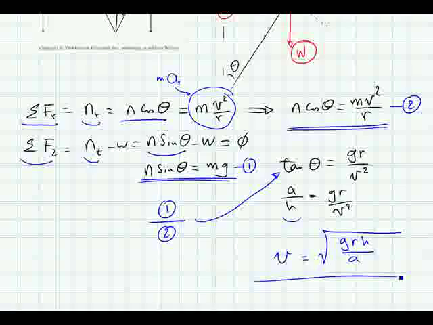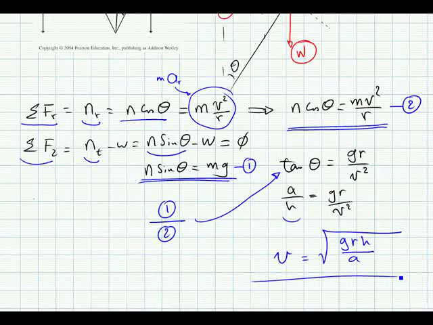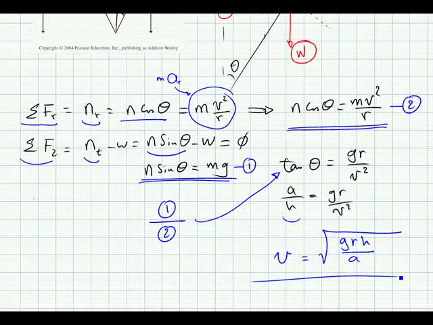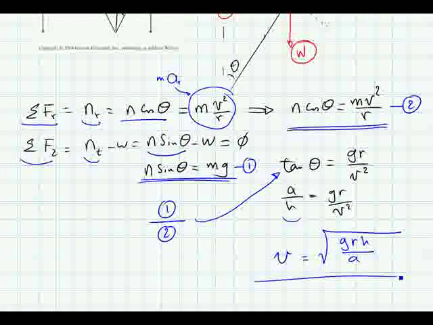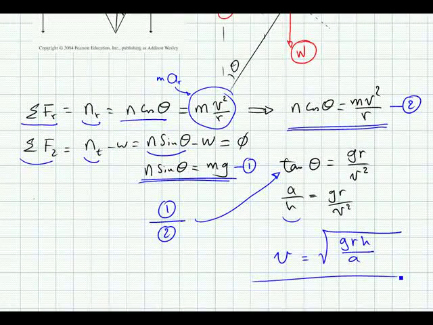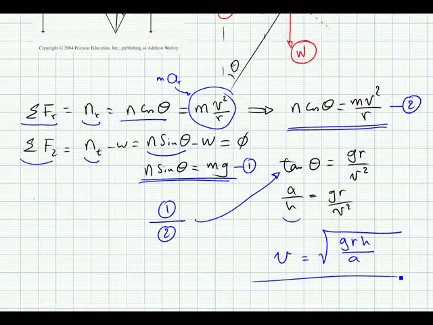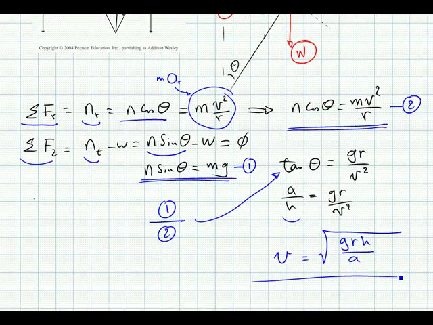Okay, so that's the expression for the linear speed of the object in terms of the height and the radius of the cone.